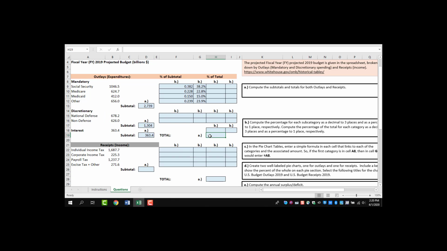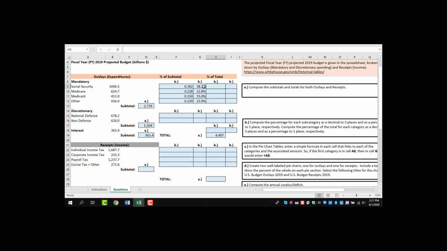And the total here is going to be, well, actually, you're probably better off doing this plus this plus this. So that's a total of all expenditures. Now what I'm going to do here is a decimal of what part of this is all the expenditures, and then what percentage.